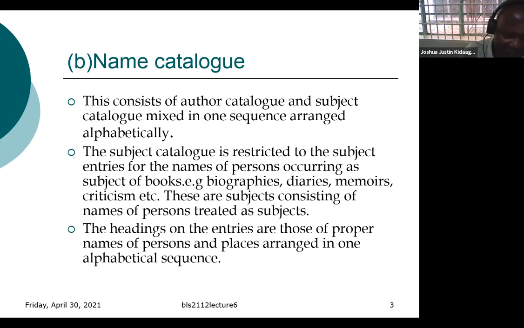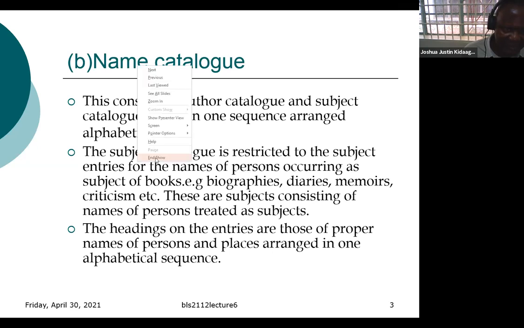Kampala is the name of a place, and therefore Kampala can also be a subject. So when we combine names of persons, names of places, and authors in one alphabetical sequence, we get what we call a name catalog. This can further be explained in this way.